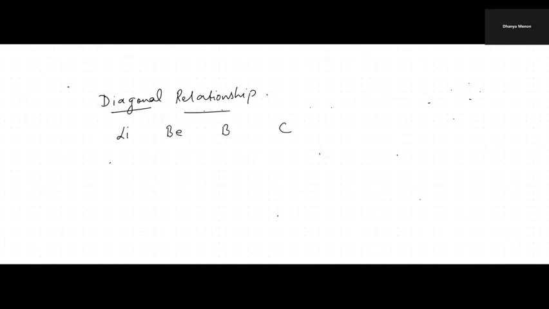Then I'm taking sodium, magnesium, which is the next period, aluminium, silicon. Over here it is seen that elements in different periods show diagonal relationship. For example, lithium shows similar behavior to magnesium, beryllium shows similar behavior to aluminium, boron shows similar behavior to silicon. It's like diagonal. So this is called diagonal relationship.